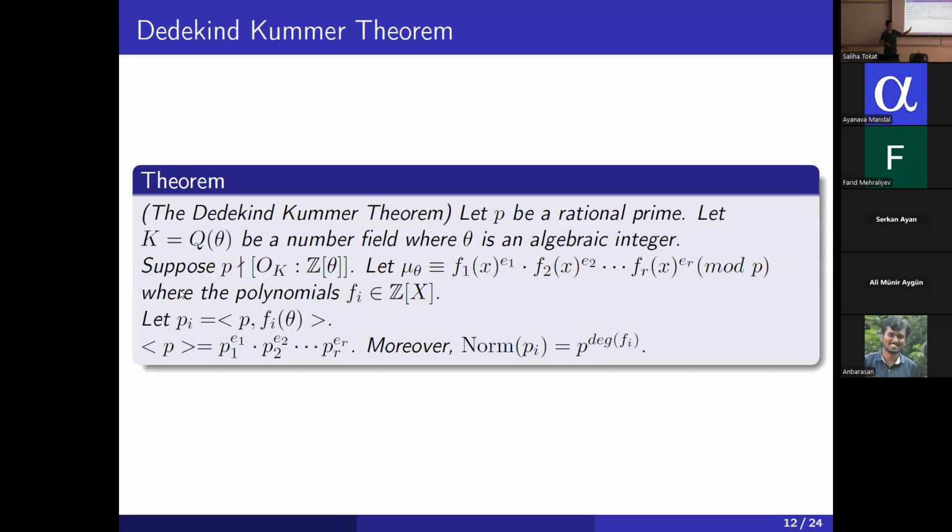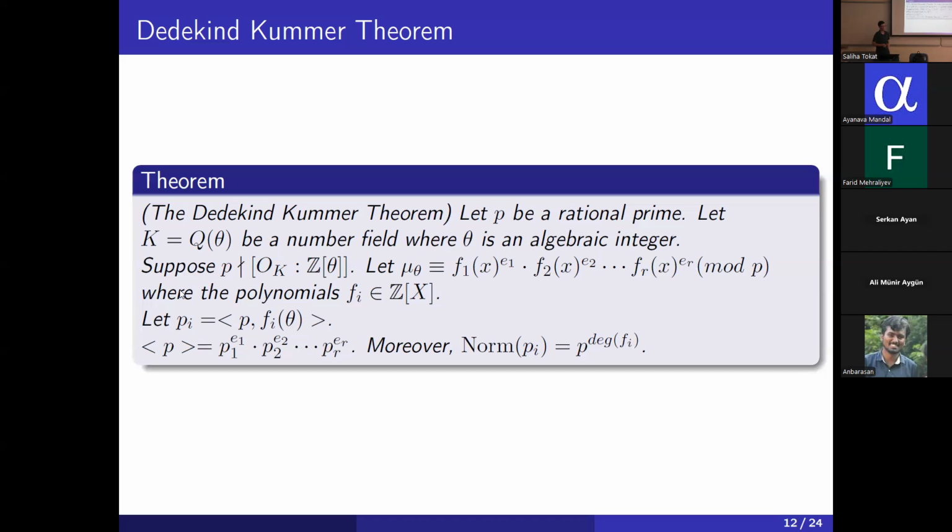Then we decompose it into polynomials which are monic and irreducible in Z[x]. Then we can factorize this prime ideal P into other prime ideals, which are in this form, (P, phi_i(theta)). So we can factorize the prime ideal in this form.